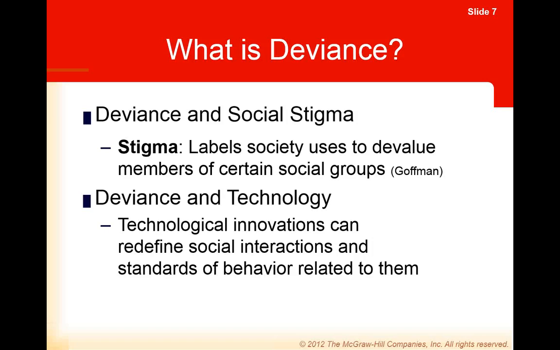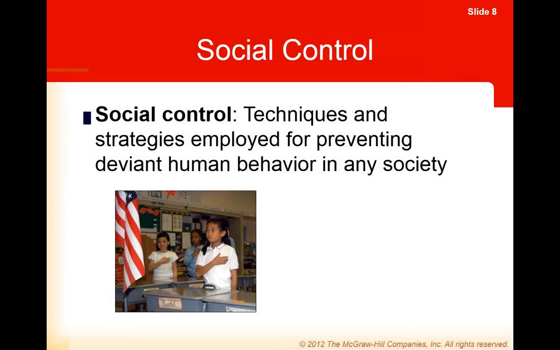So here we see a technological innovation reshaping behavior, redefining social interaction and standards of behavior related to them. Instead of observing all the forms of politeness, we are shaping communication because of brevity rather than politeness.